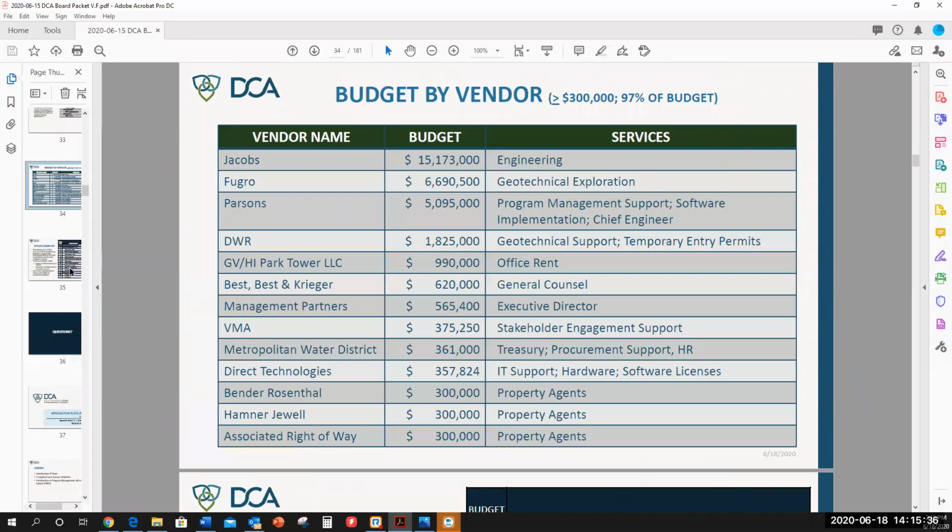The top contract vendors will be Jacobs, who's leading our engineering work and managing our field work. Fugro is our geotechnical firm and is doing the bulk of the field work. And then Parsons is our program management firm, providing a lot of the staff that do our core program controls and other support positions. Next slide.